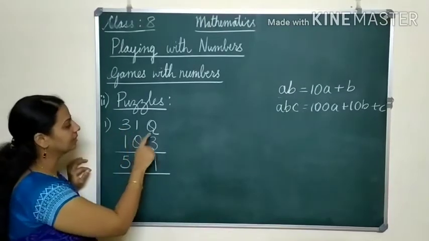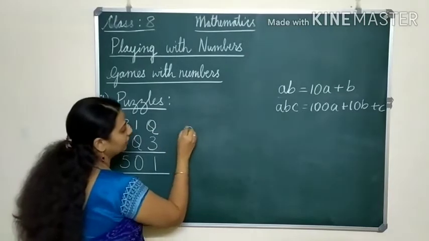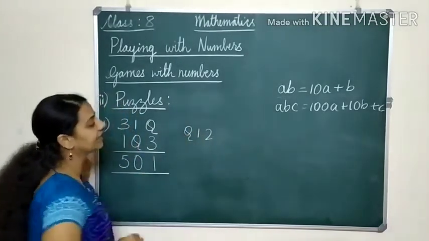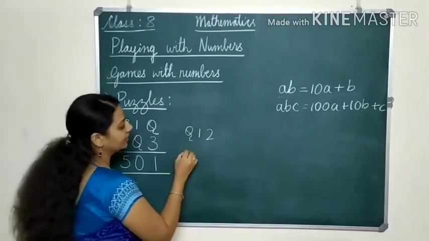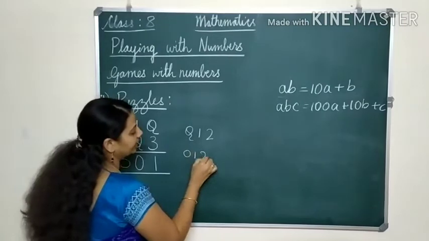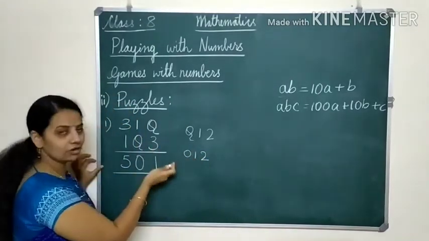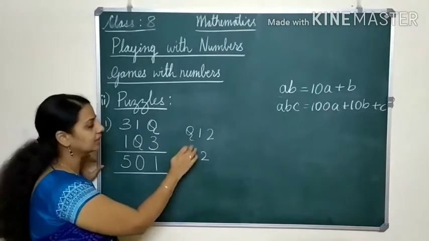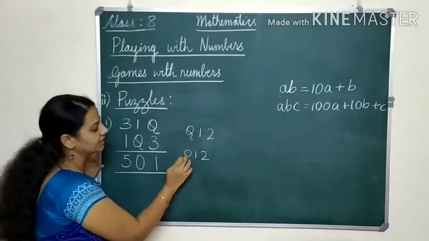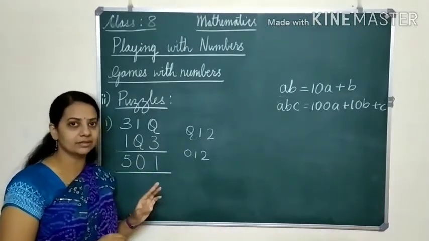And then if Q comes in the beginning, then this cannot be considered as 0. Though you can write it, for solving the puzzles, you cannot take the first unknown digit letter as 0. So these two rules you have to keep in your mind.